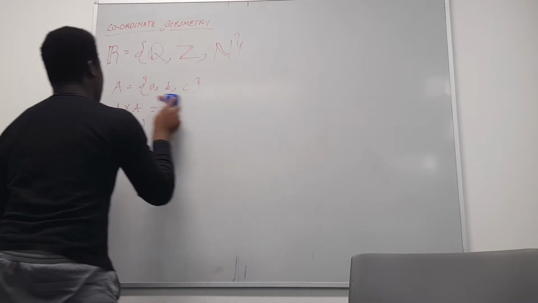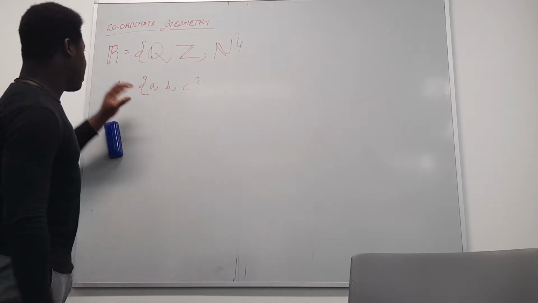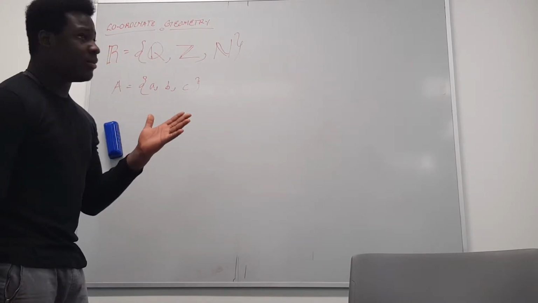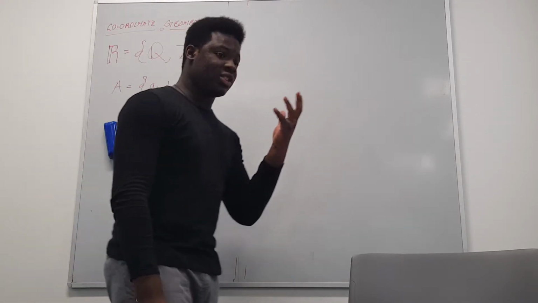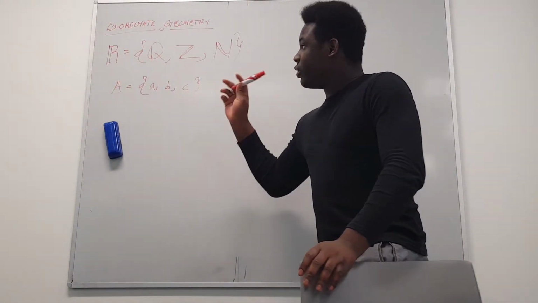So actually we have another number system that's greater than the real numbers. It's called the complex numbers. The complex numbers have subsets, and the subsets of the complex numbers include the real numbers.